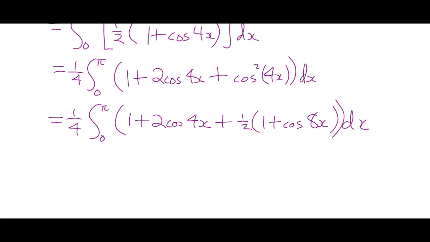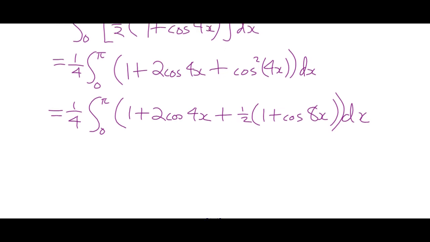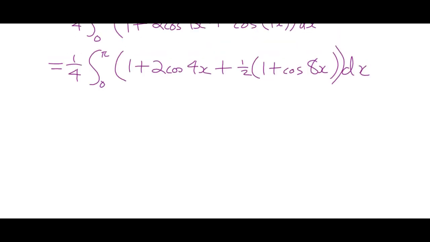Okay, now everything in here is doable, right? But let's clean it up just a little bit. Okay, so we'll stick with the 1/4, 0 to pi. Just going to clean up what we've got in here. So we got 1. So we got a half here, right? So we've got 1 plus 1/2.